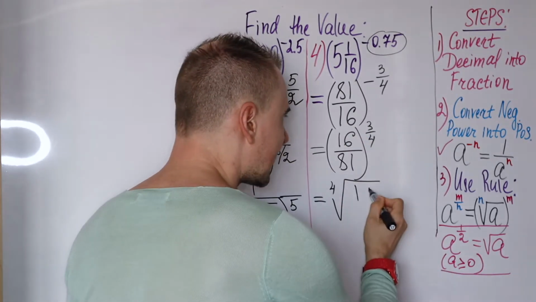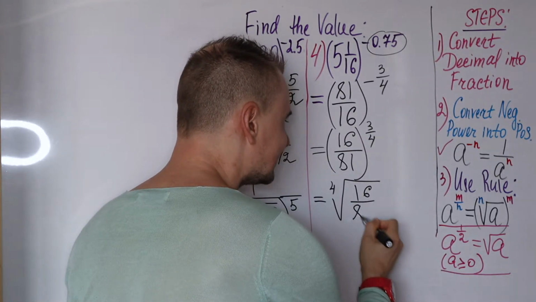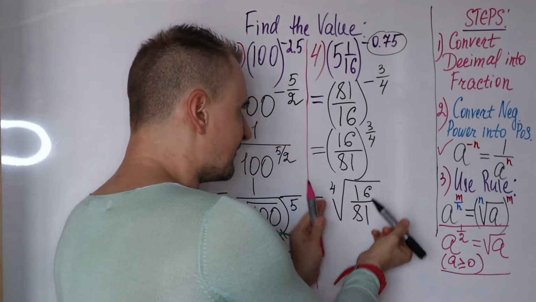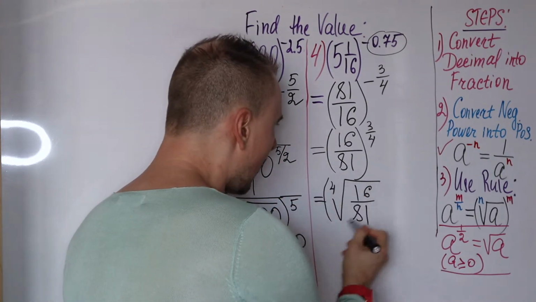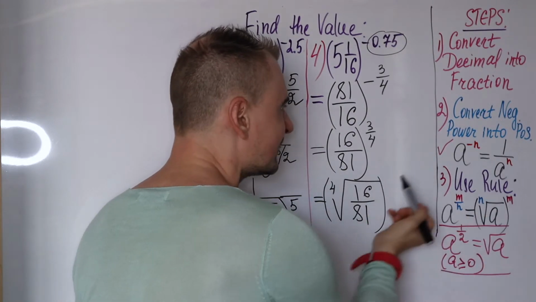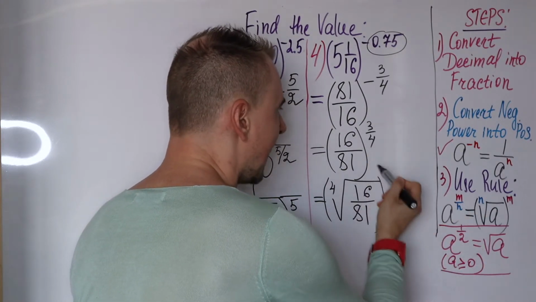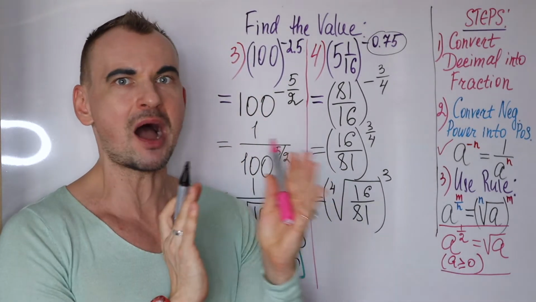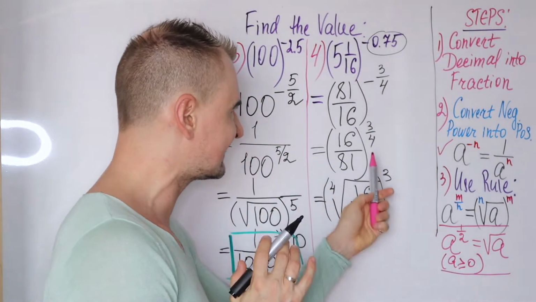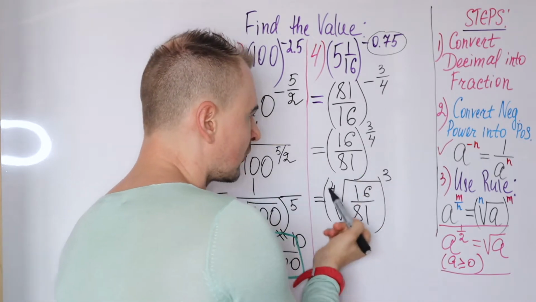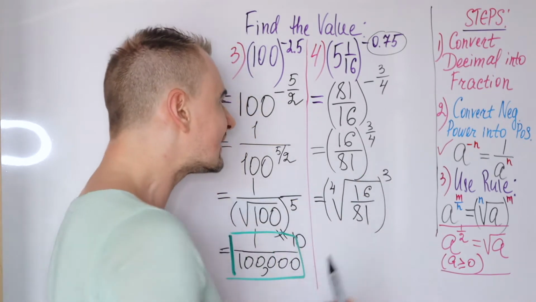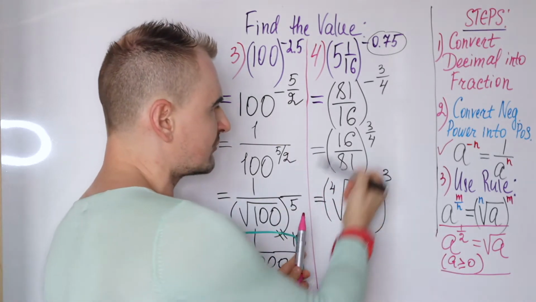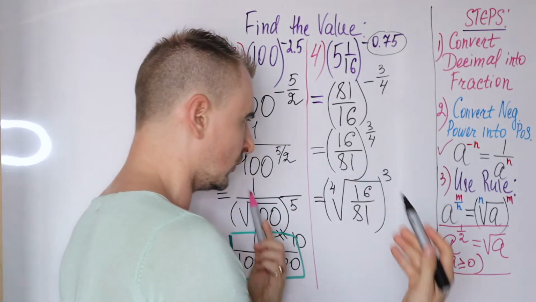Your entire fraction 16 over 81 goes underneath your radical symbol, and all of this thing has to be raised to this top number, which is 3. Again, at this point, do not mix them up. Do not get confused between these 3 and 4. The bottom number goes as the index for your radical symbol, and your top number goes as a power. So this entire thing has to be raised to the third power, has to be cubed.